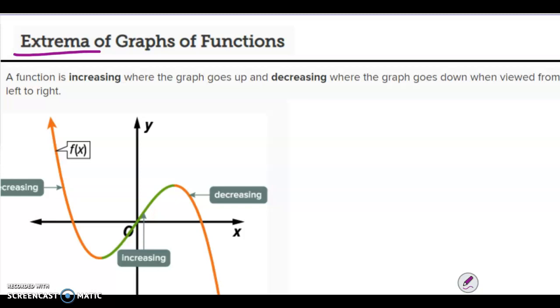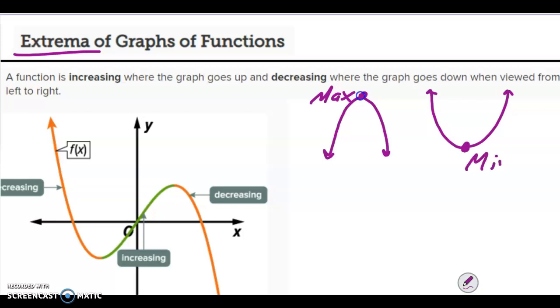With parabolas, we are seeing either like a U shape or like an A shape. So when we see this downward parabola, that is a maximum point at that vertex, because every other point is going down from there. And when we have this upward parabola, that vertex is going to be a minimum point, because every other point is going up from there.